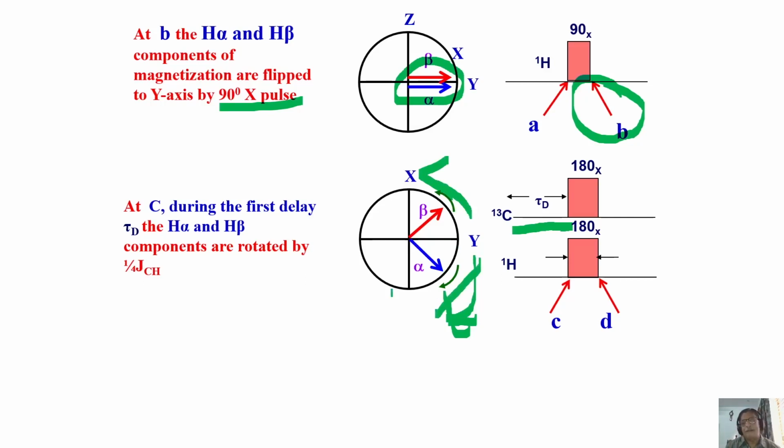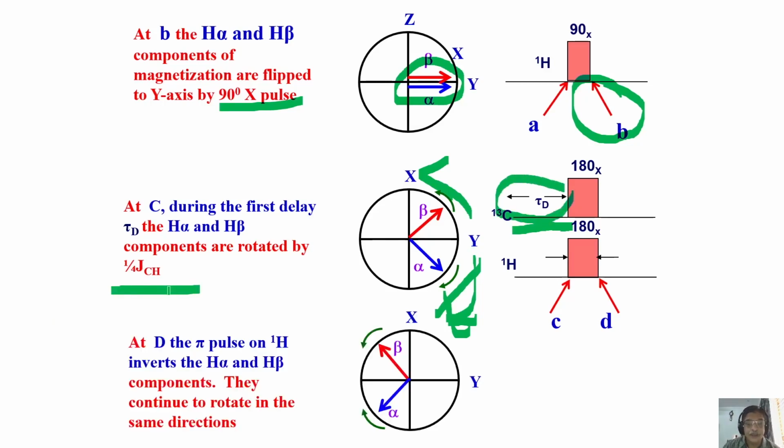When it's a doublet, one is at higher frequency and the other at lower frequency from the center of the chemical shift position. As a consequence, they start rotating. Let us say after a time delay tau d, they have rotated by 1/4 times JCH.